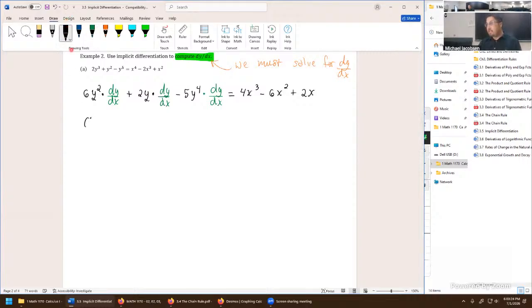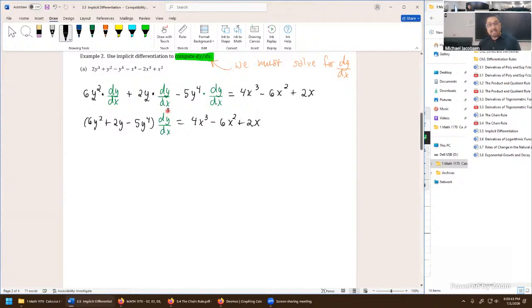So we can rewrite this as 6y squared plus 2y minus 5y to the power 4, dy dx factors out, still set equal to 4x cubed minus 6x squared plus 2x.